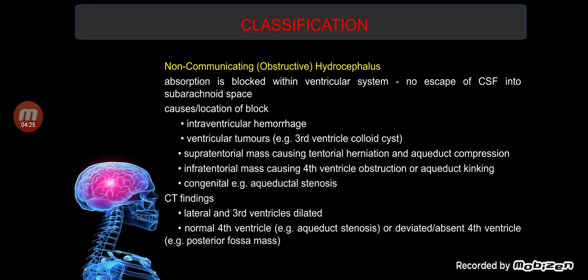There are a lot of causes for that obstruction, either an intraventricular hemorrhage or ventricular tumors, or some masses from outside the ventricle that may obstruct the outlets, just like infratentorial masses that obstruct the aqueduct, or supratentorial masses that obstruct the aqueduct through tentorial herniation. In the CT findings, you may see that the lateral and the third ventricles are dilated, whereas the fourth ventricle remains normal in volume.